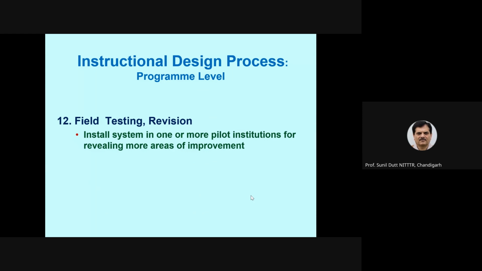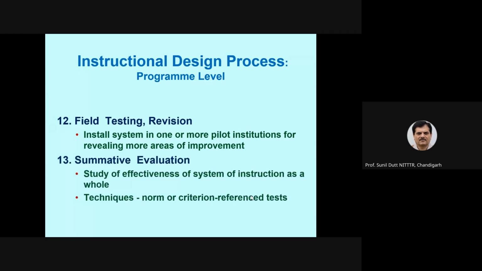Now the program is ready, but before installing, you can install it in one or two pilot institutions for revealing more areas of improvement. Then summative evaluation, that is, you need to study the effectiveness of the system of instruction as a whole. You can follow techniques for norm referenced testing and criterion referenced testing.